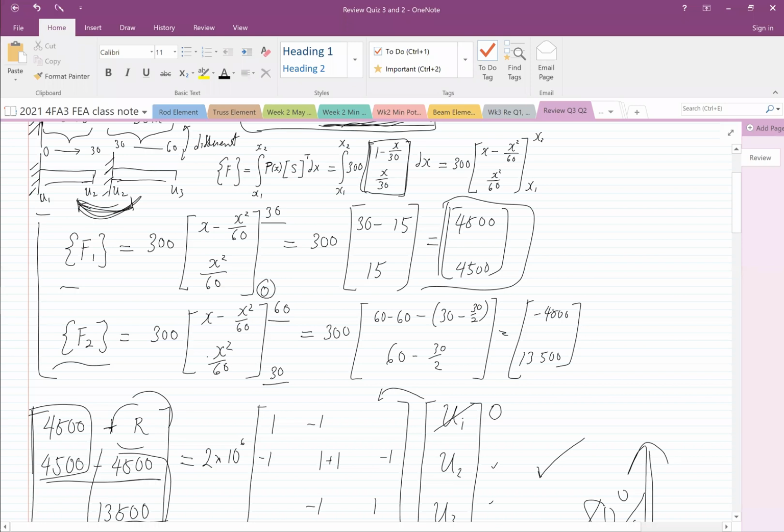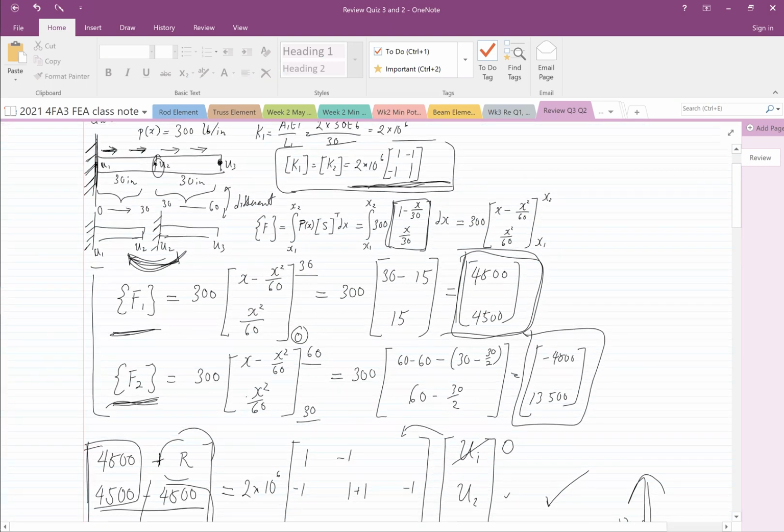When we calculate the individual force by each element, we don't combine them. We just go with 4,500, and then for the next element, we deal with this one only.